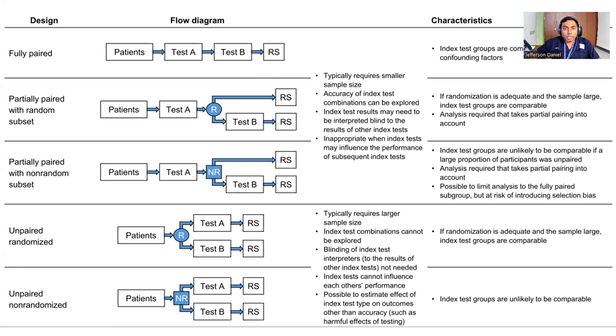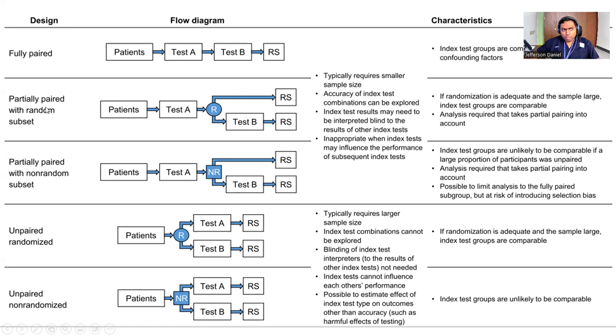This happens when you're comparing a costly test like PET CT scan in staging of pulmonary malignancies to doing a CT thorax and ultrasound abdomen for staging. You cannot afford PET CT scan for everyone if the sample size is very high. So you decide to do test A, then you do test B in only a subset of the patients, but you randomize them.